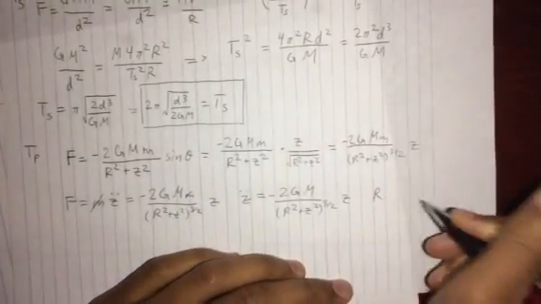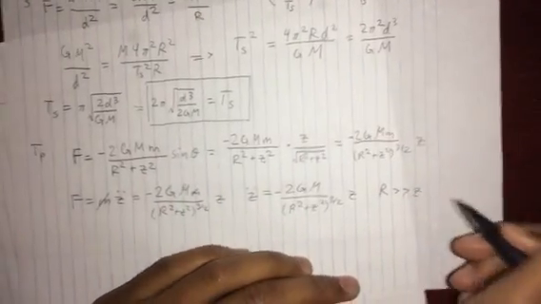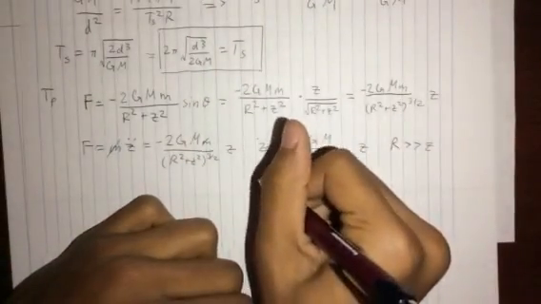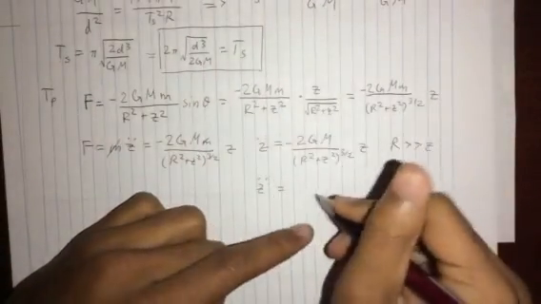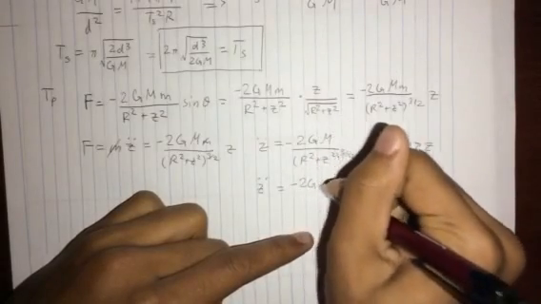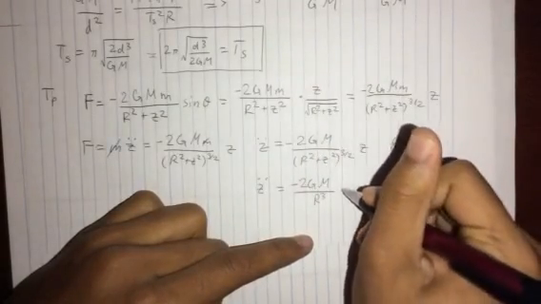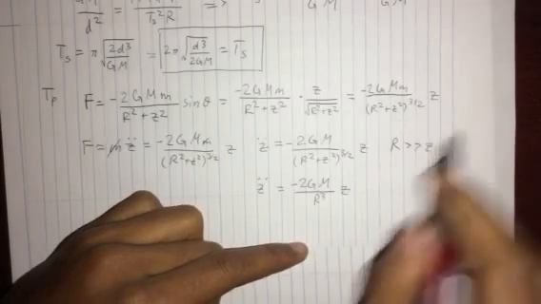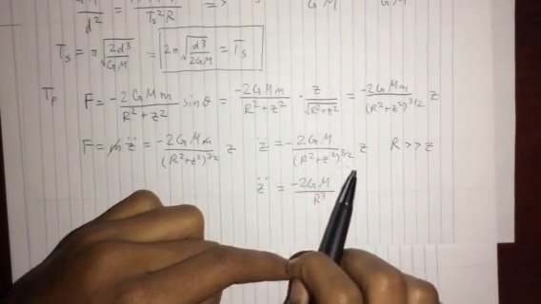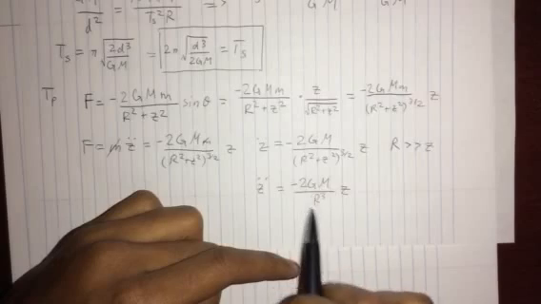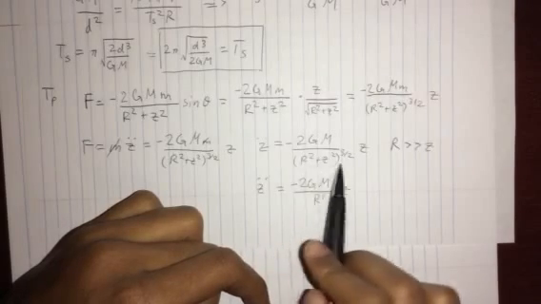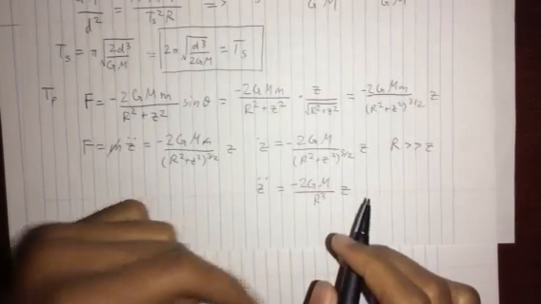So we can say if r is much greater than z, then z double dot equals negative 2GM over r cubed times z. Because z is so small in comparison, it just goes away, and r is going to dominate this term right here.